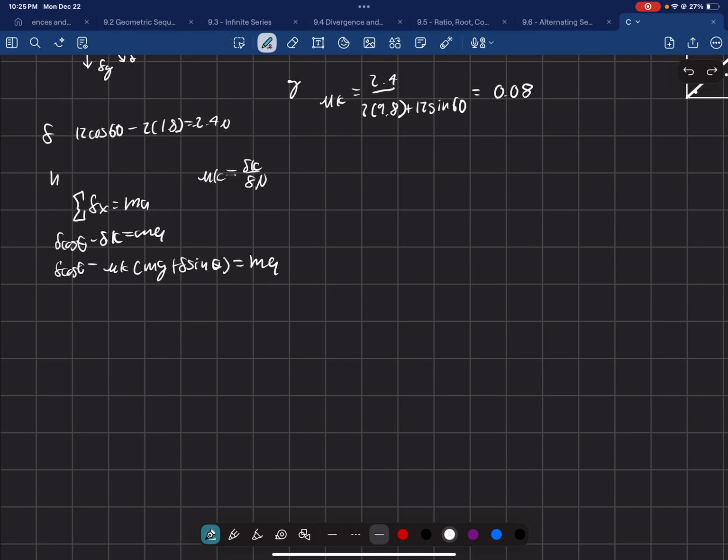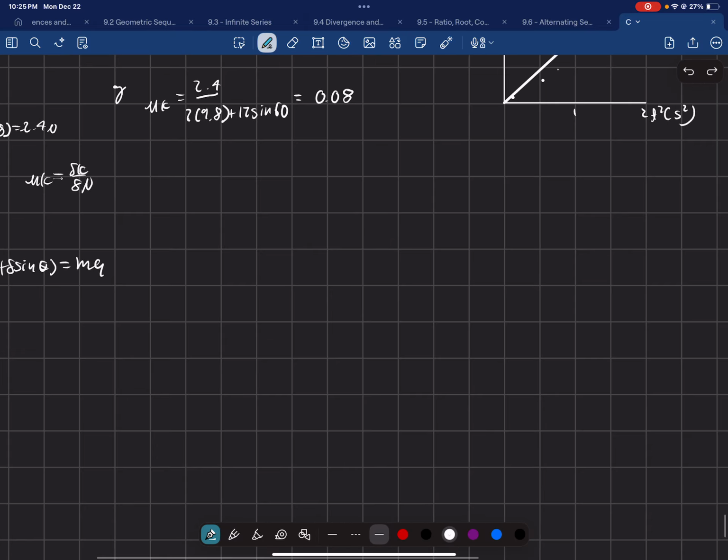For part I, it asks to draw a graph for acceleration. This would be acceleration, which is meters per second squared. This would be time, which is seconds.